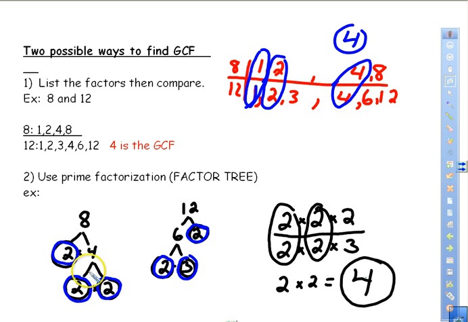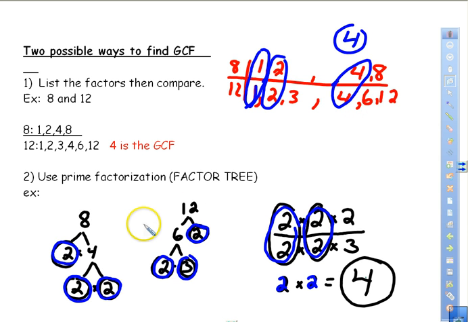So now you can compare, and we have three 2's, and then I have two 2's and a 3, and we then circle what's common. So my 2's are common, this group of 2's are common, those two do not have anything common. Then you take what you have, this stands for a 2, this stands for a 2, and 2 times 2 is 4.